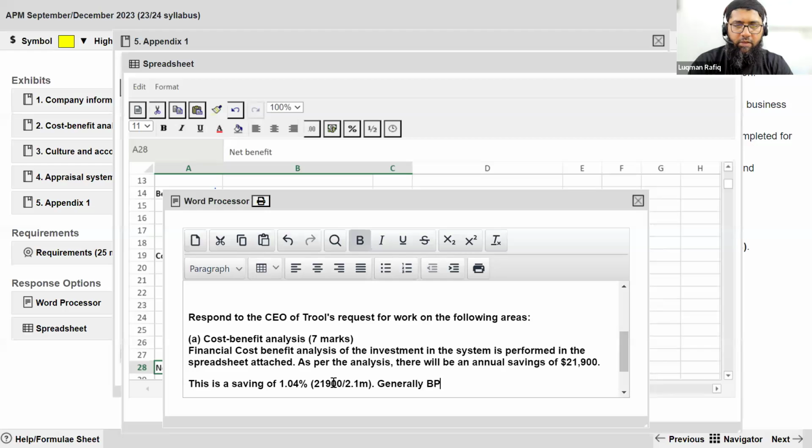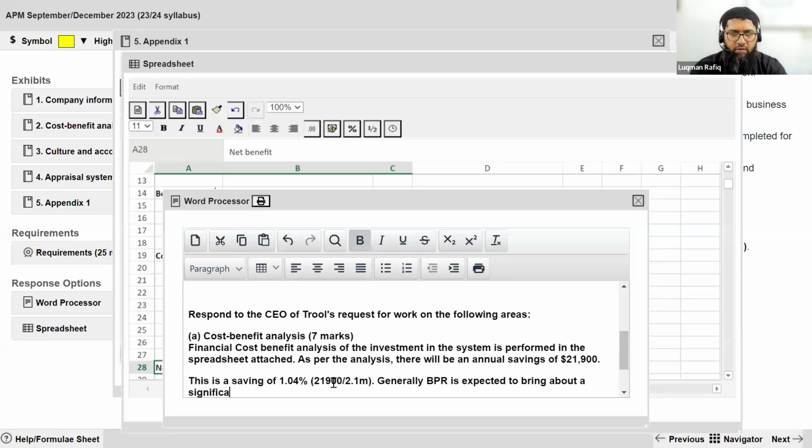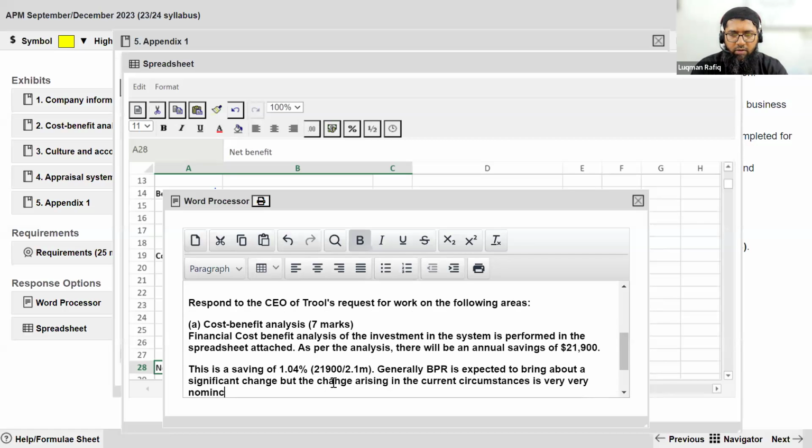Generally, BPR is expected to bring about a significant change, but the change arising in the current circumstances is very, very nominal, and it may not be appropriate to call it a BPR project.